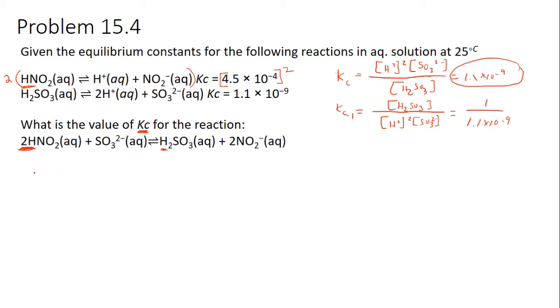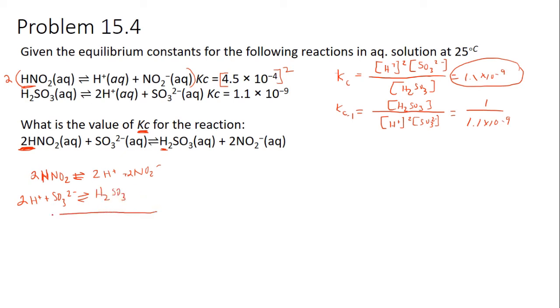And so if we multiply the first reaction by 2, we've got 2 nitrous acid going to 2 protons and 2 nitrite as well. And we flip our second reaction, so we've got 2 protons plus our sulfite, and that goes to our H2SO3, our sulfurous acid.